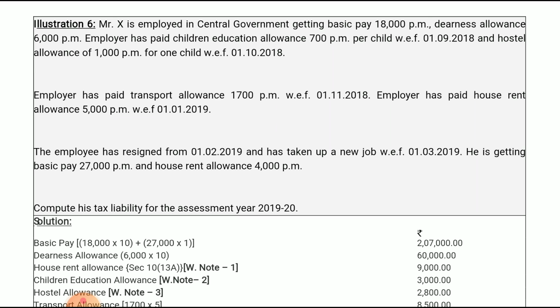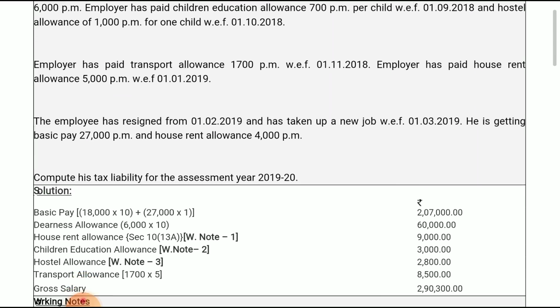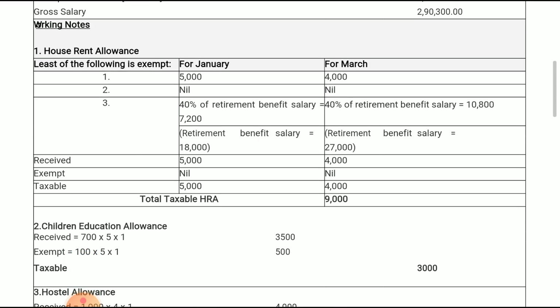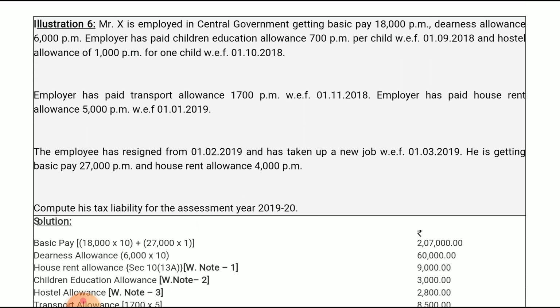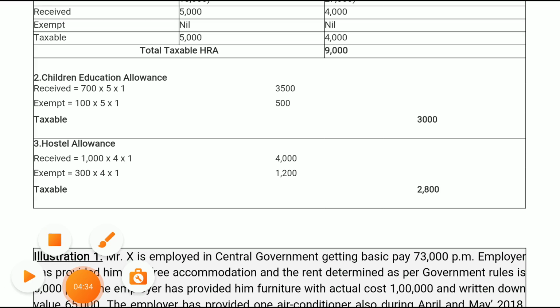Children's education allowance is 700 rupees per month per child. The received amount is 700 rupees into 5 months for one child. It is 3,500. So how much is exempt?